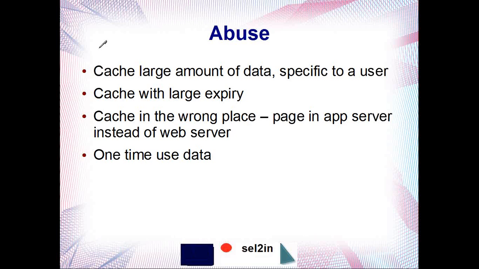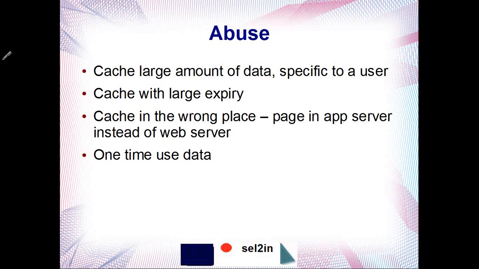Say you have a large amount of data which is specific to one user, which no other user requests, but you're still caching it. Unless your application is composed of only 2-3 users, if you have hundreds or 10,000 users and more, and you cache specific data for each user, then you'll need a huge number of remote caches, which will not be feasible, and your application will again start crawling.